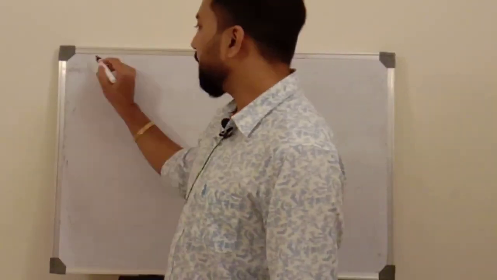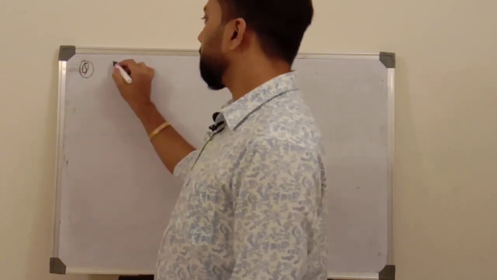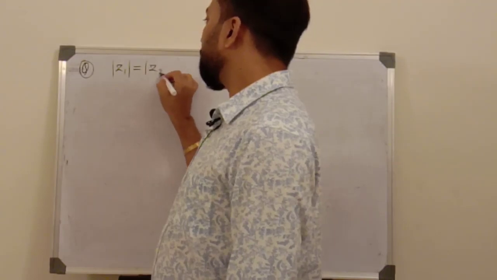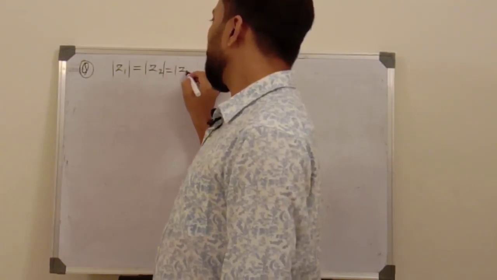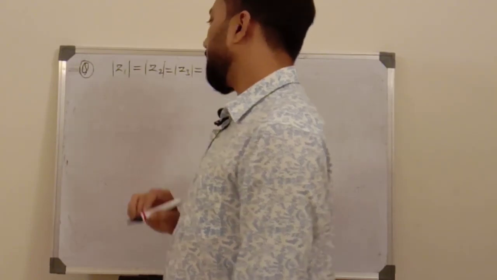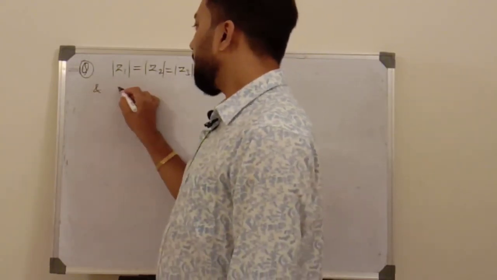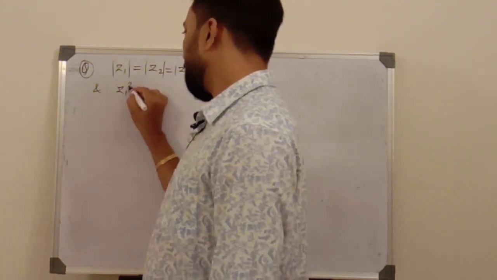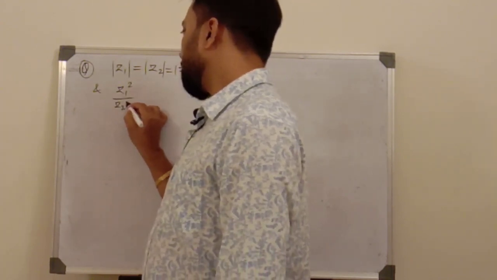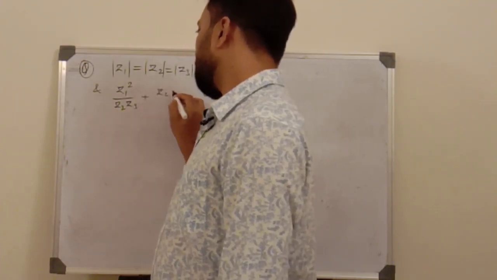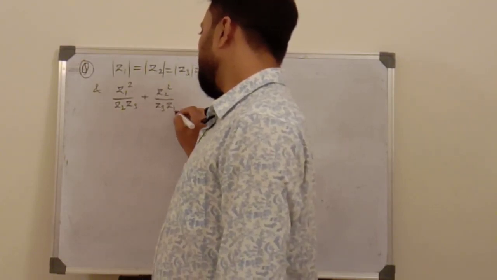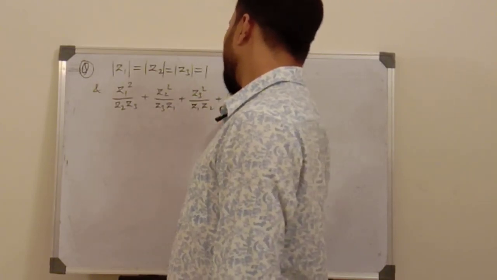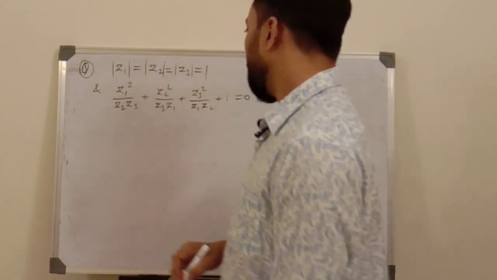So the second question is, let's say modulus of z1 is equal to modulus of z2 is equal to modulus of z3 is equal to 1, and it is given that z1 square by z2 z3 plus z2 square by z3 z1 plus z3 square by z1 z2 plus 1 is equal to 0.